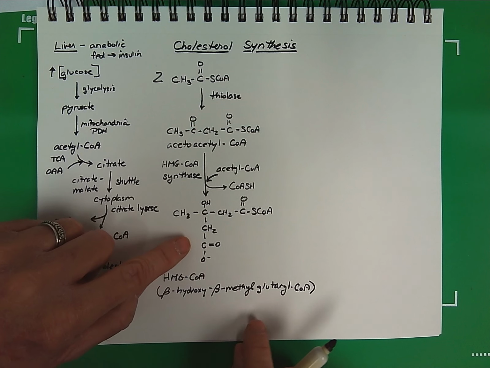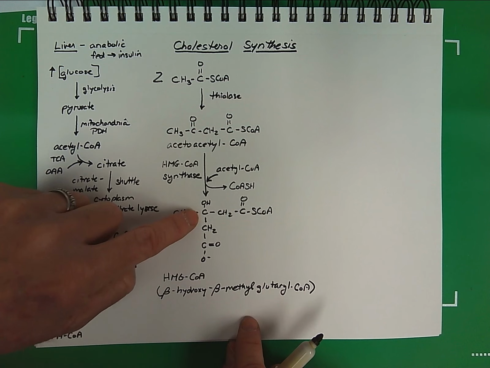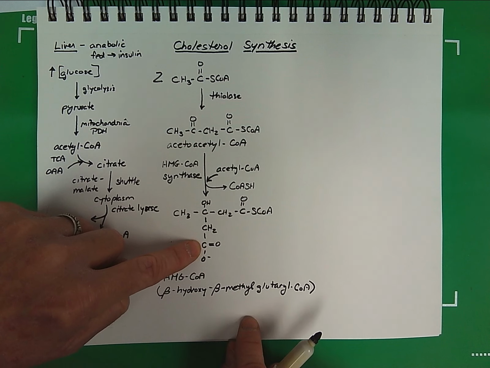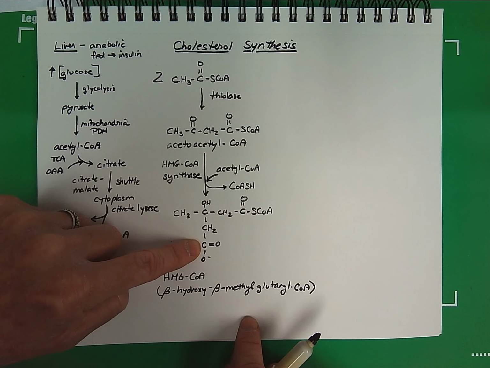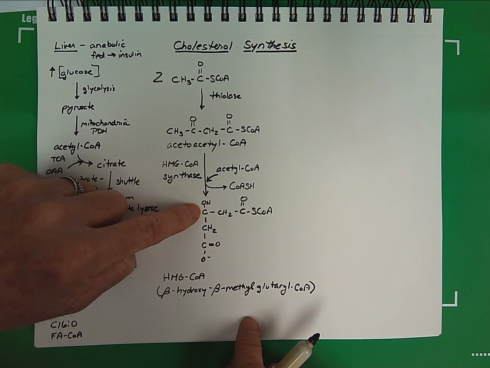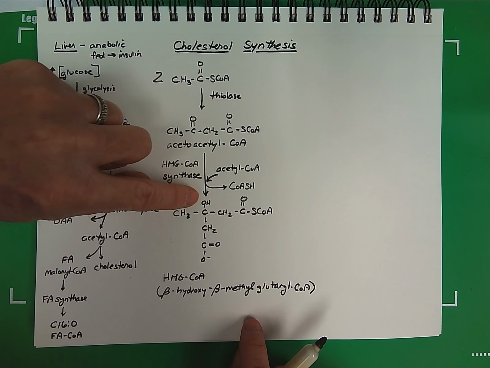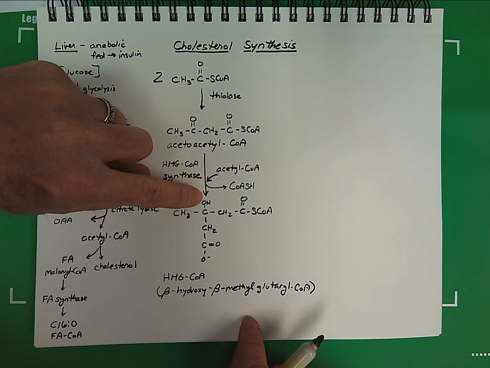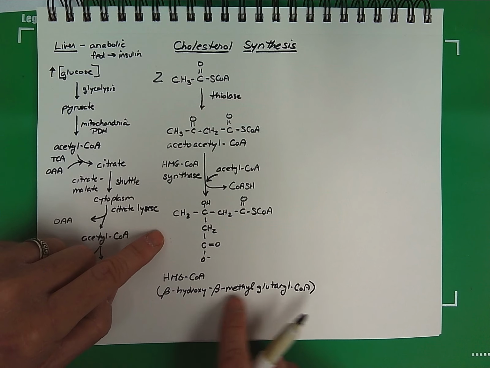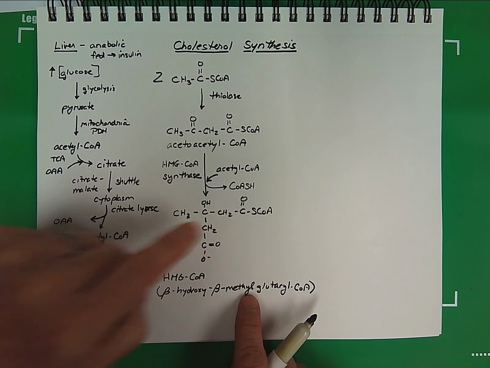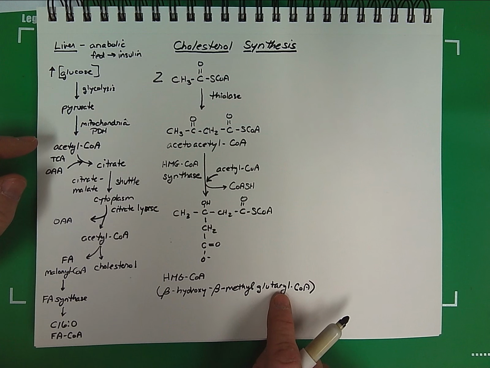So recall the beta carbon is number 3 past the number 1 carbon being the carboxylic acid. So 1, 2, 3, alpha, beta. So what we have here is beta-hydroxy, our hydroxyl group on the beta carbon, beta-methyl, methyl group on the beta carbon, glutaryl.